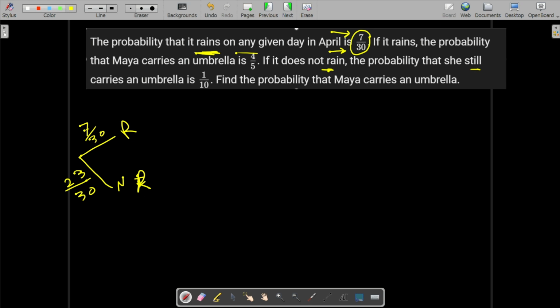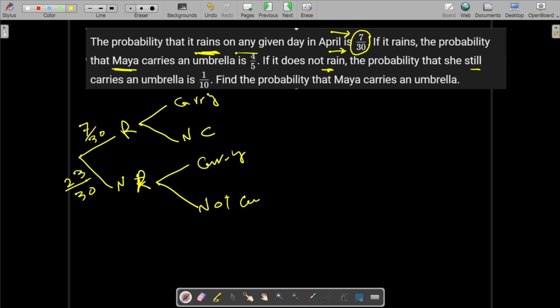Here we have another event happening, which is talking about Maya. Maya is seeing if it's raining or not, to carry her umbrella or not. So here, this is carrying her umbrella, and here not carrying, here carrying, and here not carrying her umbrella. Let's read carefully: the probability that she carries an umbrella is 4 over 5.